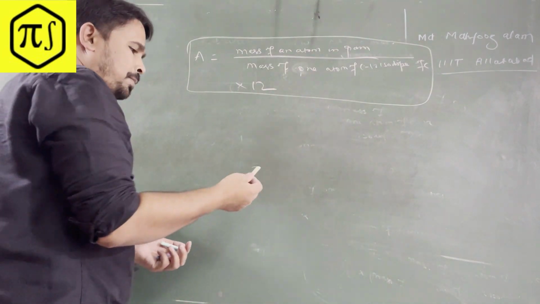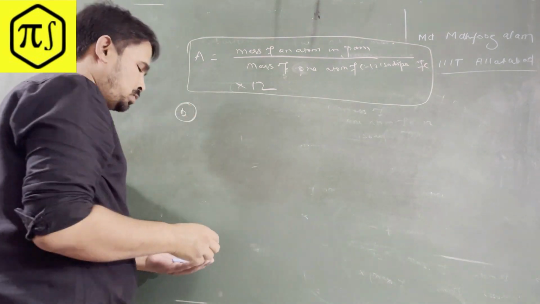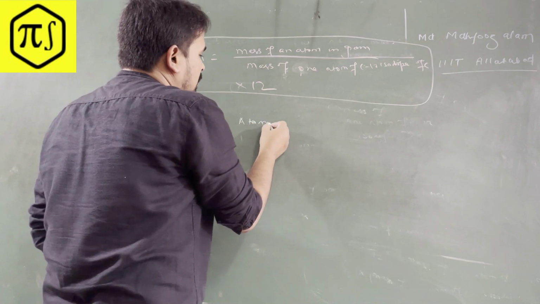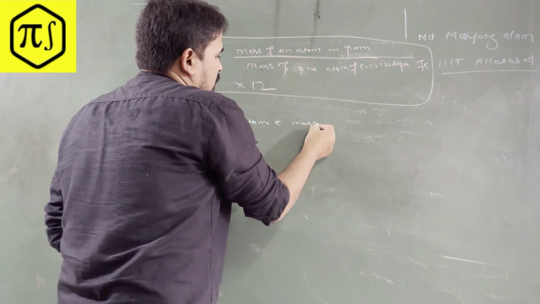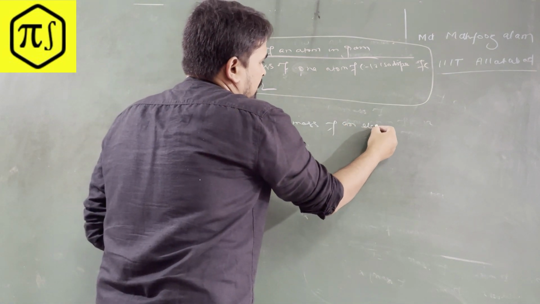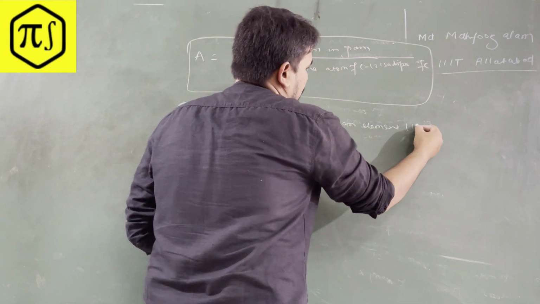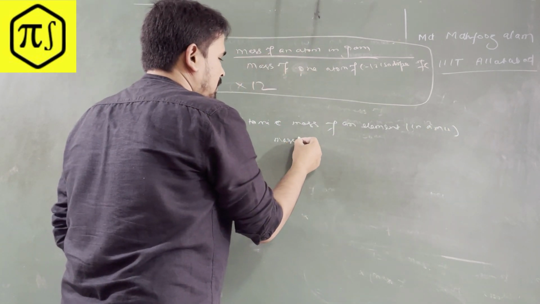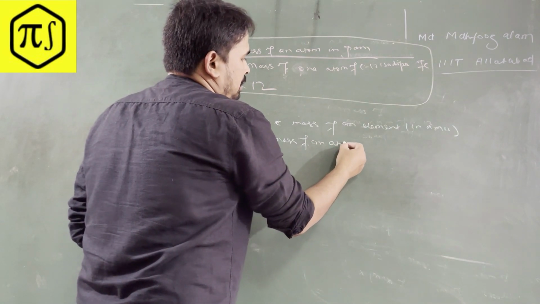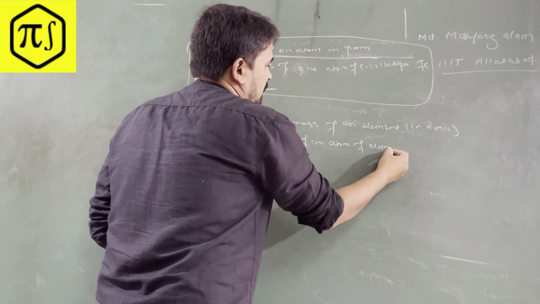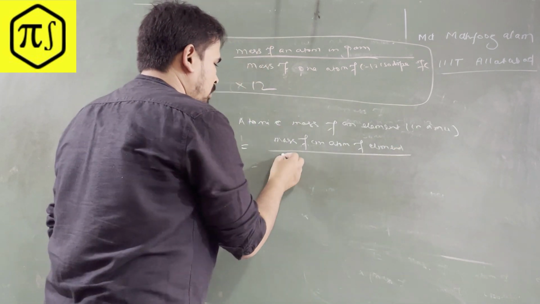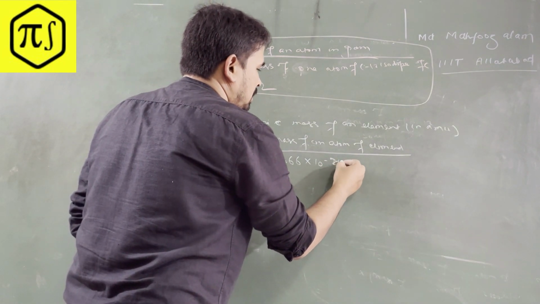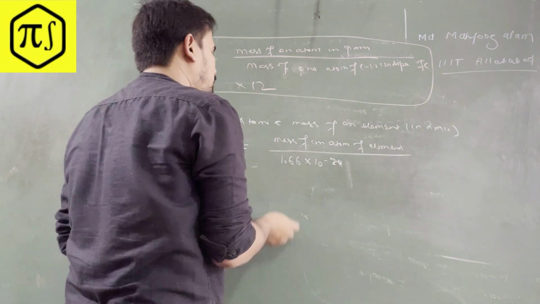Okay, so the other part, this is the one part, the B part, you may have seen this one, right? How to derive the AMU relationship, right? So the atomic mass of an element in AMU, here the unit is AMU, equals the mass of an atom of the element divided by 1.66 into 10 to the power minus 24.